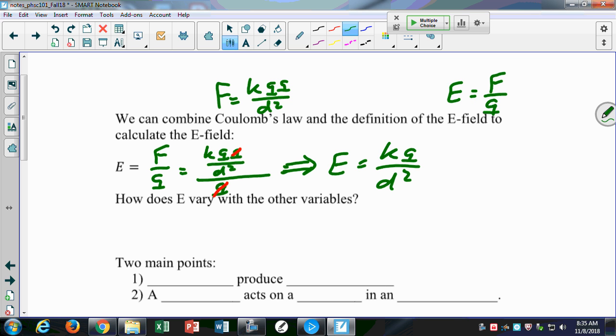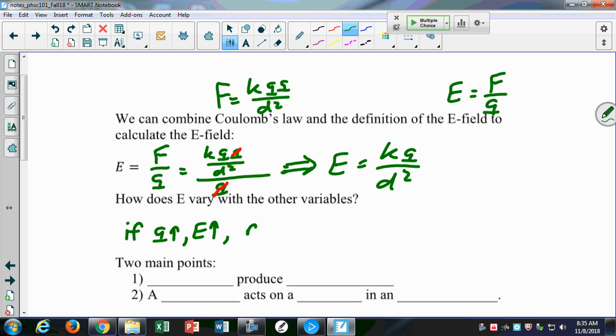So how does the electric field vary with the other variables? Just like we did with Coulomb's law. If I increase Q, what does that do to the electric field? And if I increase the distance, what does that do? If Q goes up, E goes up.